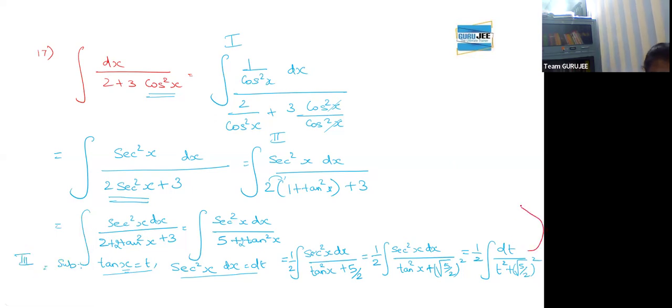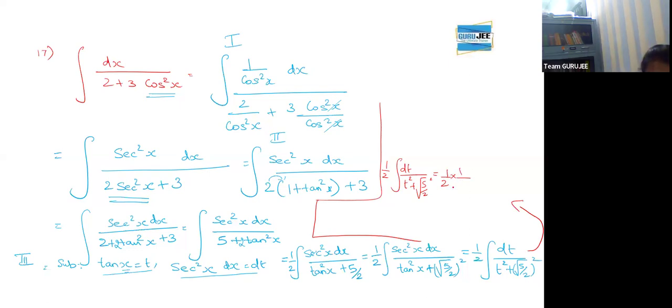The result will be equal to half, dt by t square plus root of 5 by 2 whole square, which can be written as 1 by 2 into 1 by a is the formula.